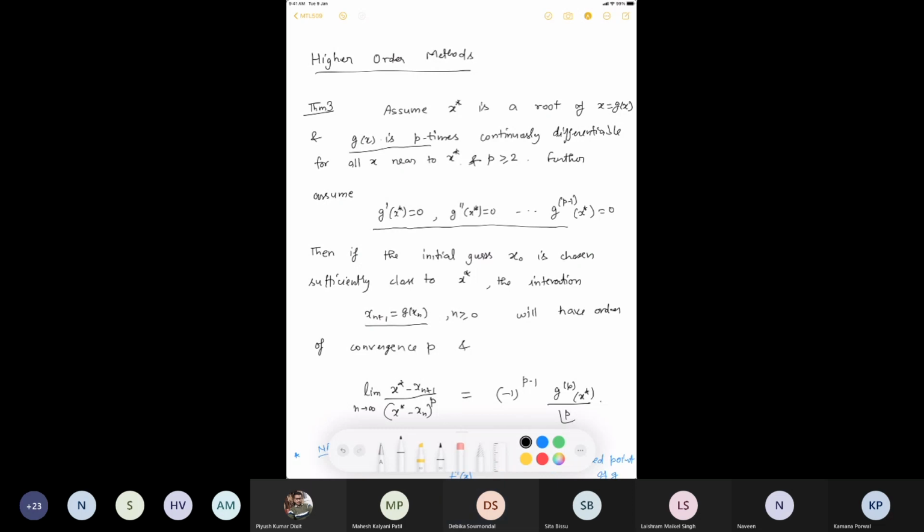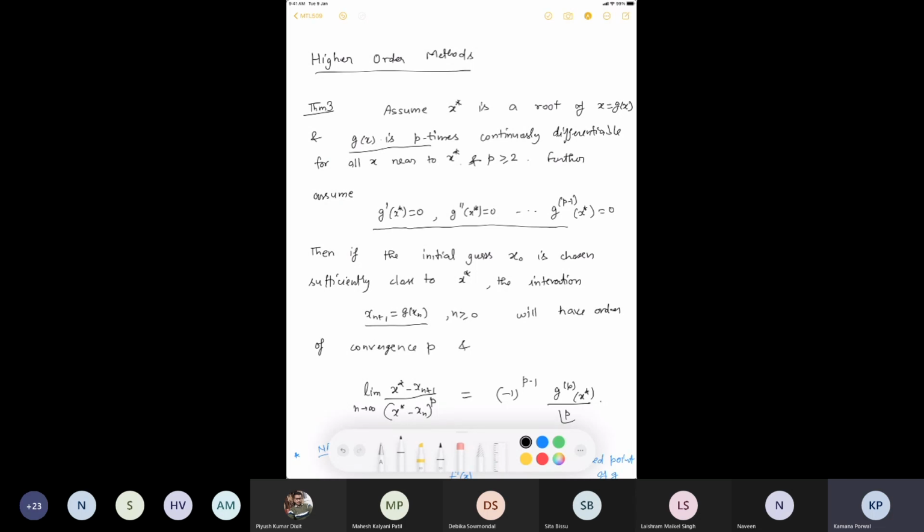Yes, ma'am. So again, you have to use theorem number 2. For that, we just need to make sure that the absolute value of G prime of X star is strictly less than 1, and x naught is chosen sufficiently close to X star.